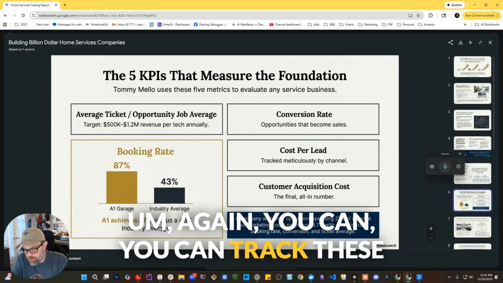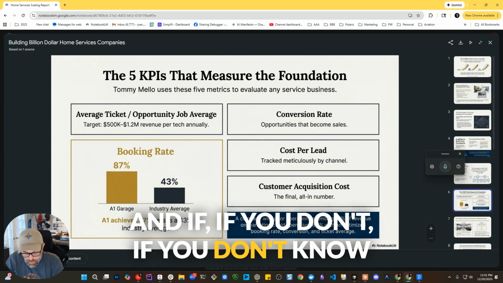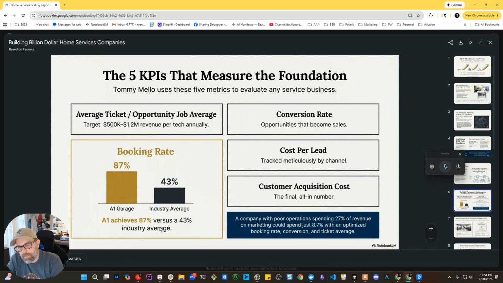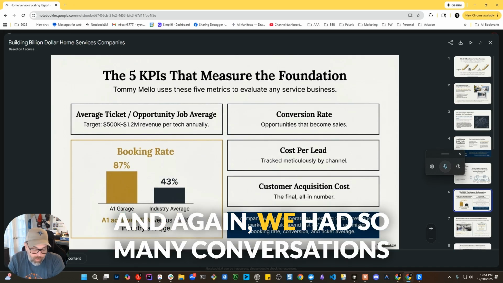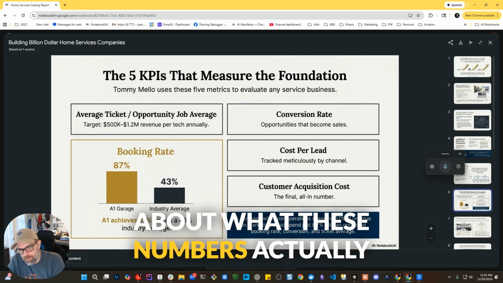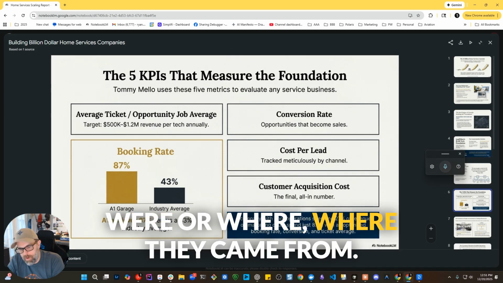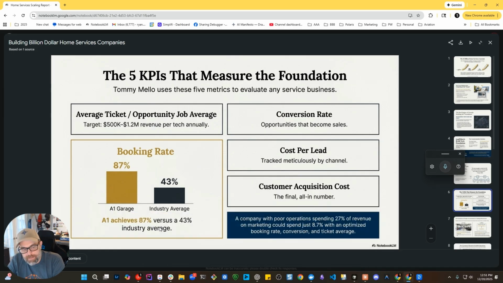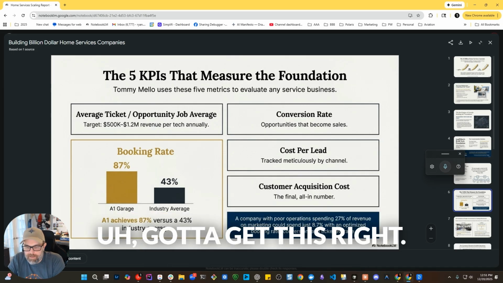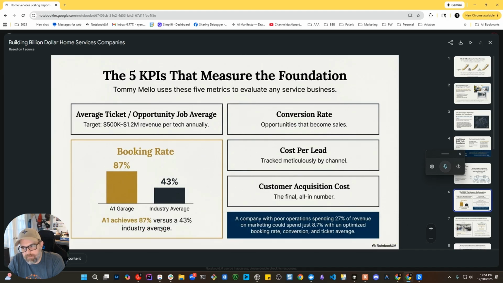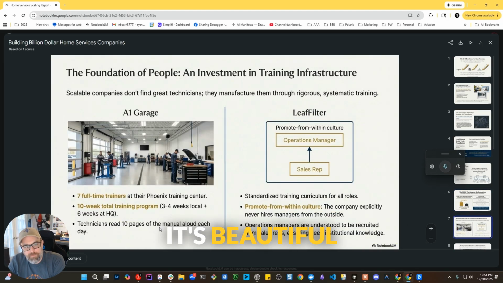Again, you can track these, and if you don't know these 5 numbers, and again, we had so many conversations about what these numbers actually were, or where they came from. Gotta get this right. What a great slide! It's beautiful.